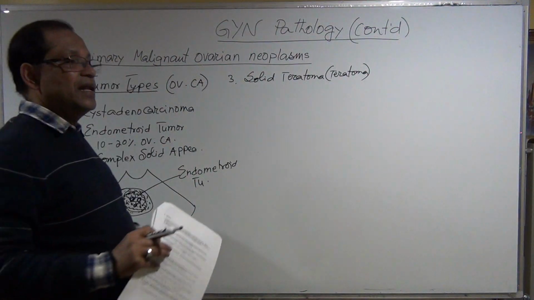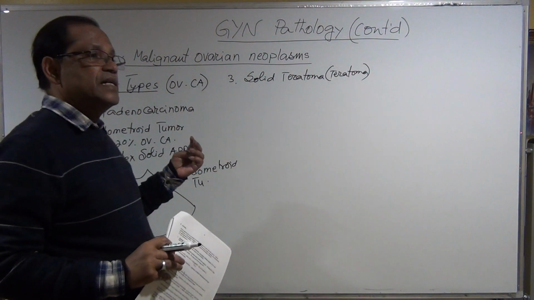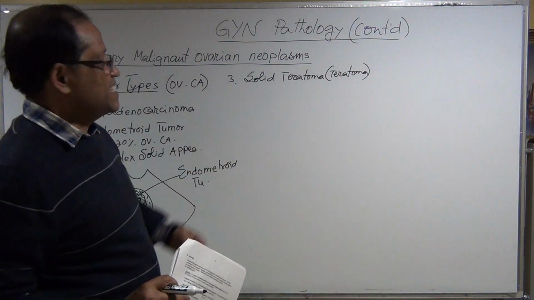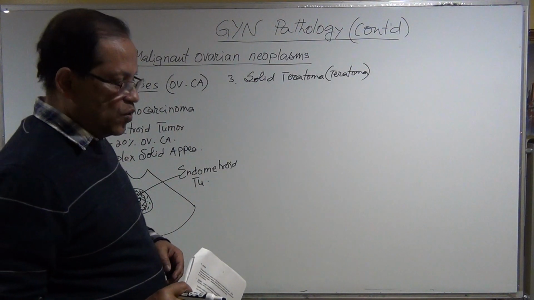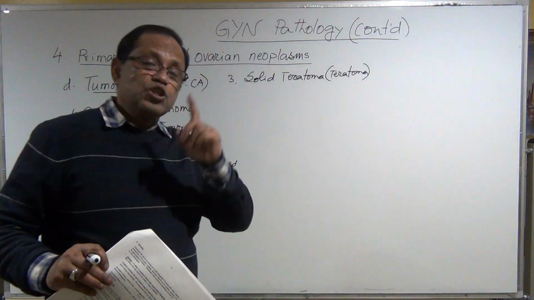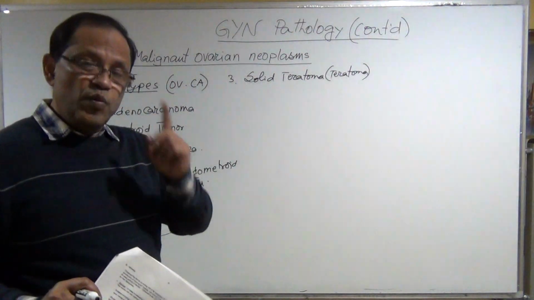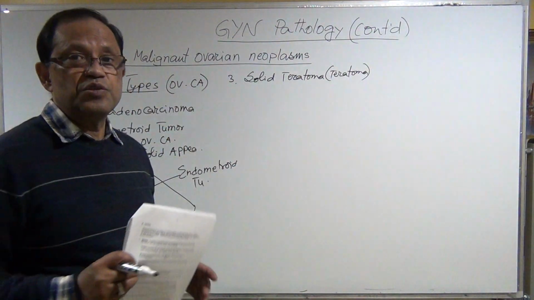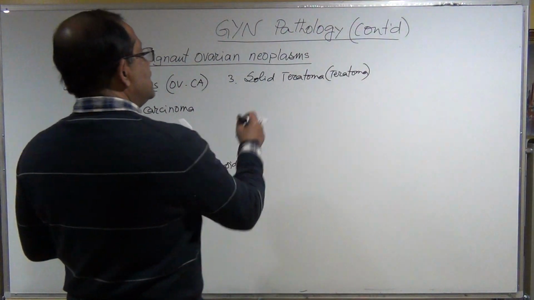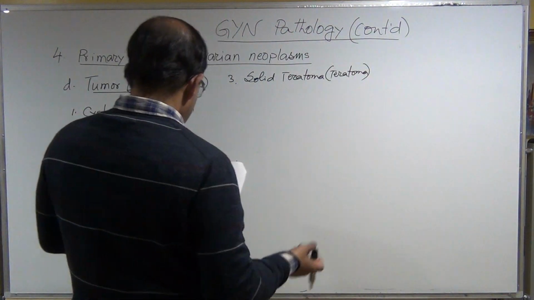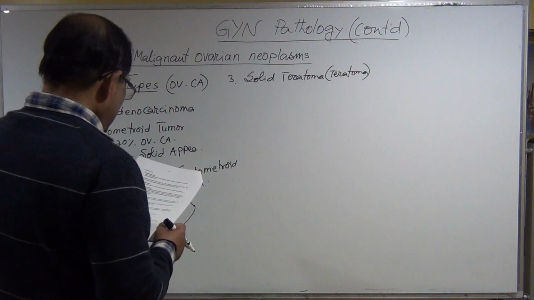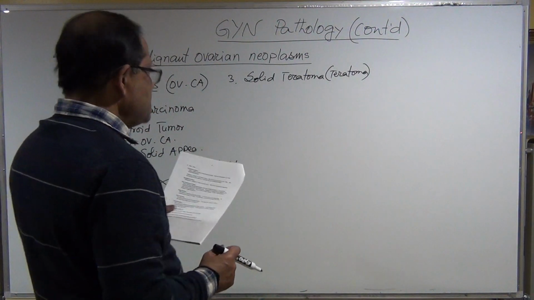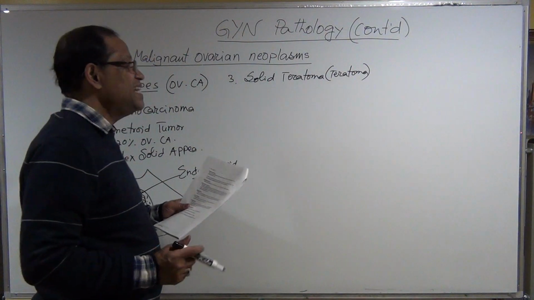Before we read it, there is a cystic teratoma. Okay, dermoid cyst in the ovary, and that was the most common benign ovarian tumor in the young age group. And the solid teratoma is solid, and you know the teratoma is a germ cell tumor. Okay, and unlike the cystic teratoma, this tumor is highly malignant.